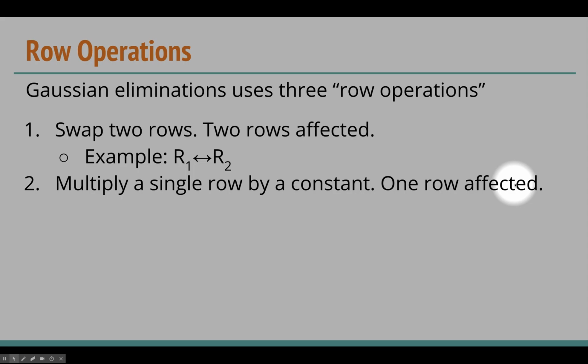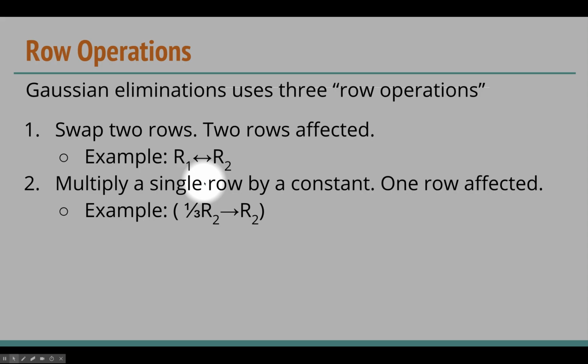For example, if I take row 2 and multiply it by 1/3, every single term in that row is multiplied by 1/3, and then put that back into row 2, then only row 2 is changed, and therefore row 1 and any other rows below it won't get altered in any way. So those are the first 2. Those are relatively simple. Hopefully you can see how that's not going to change the solution to the system.